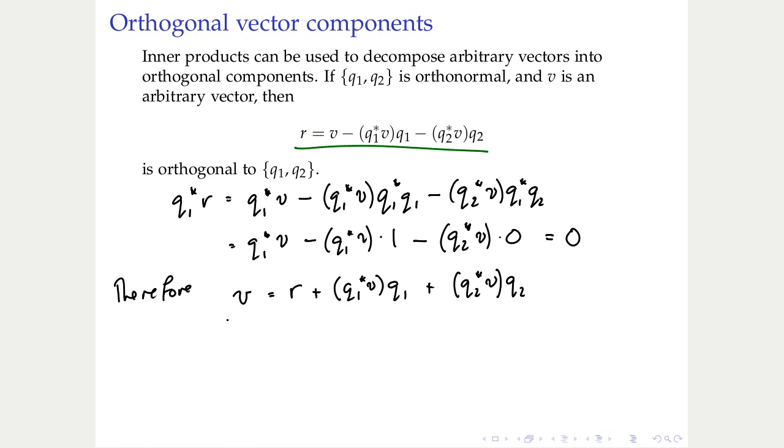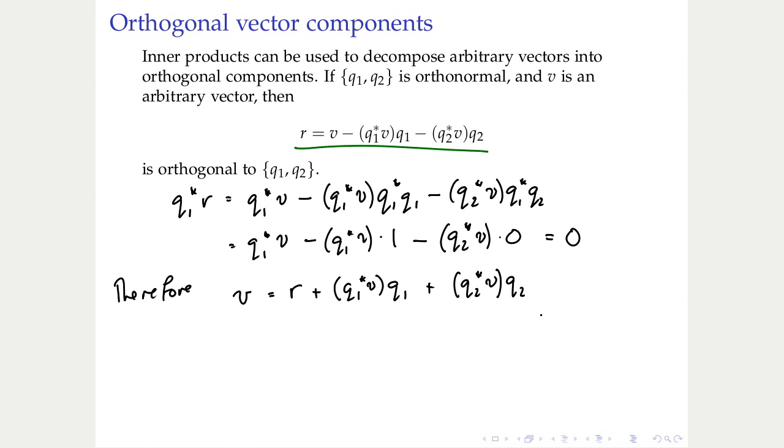So what have we done here? Basically we've taken our arbitrary vector and split it up into 3 components, each of which is orthogonal to each other. We know that q1 and q2 are orthogonal. Scaling them by a number is not going to change that, and we've just proven that r is orthogonal to both of them, so we've split our vector v up into 3 orthogonal components.